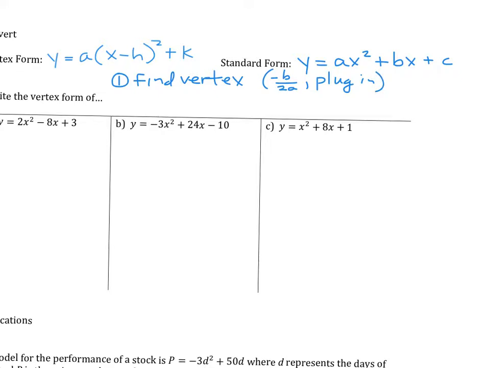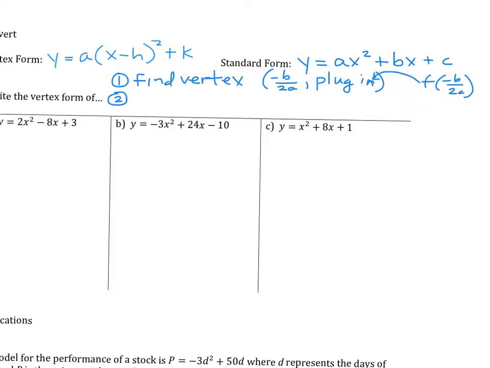Or the way we wrote it on Friday, you could also write it like this, f of negative b over 2a, right? That's the same thing as plug in. However you see that better. So you find the vertex, step 1.